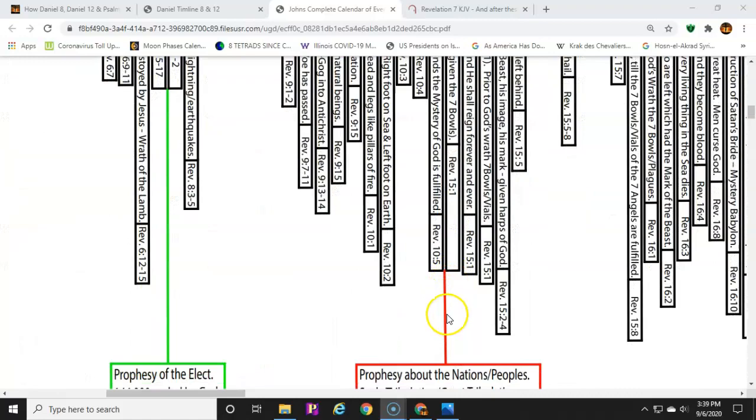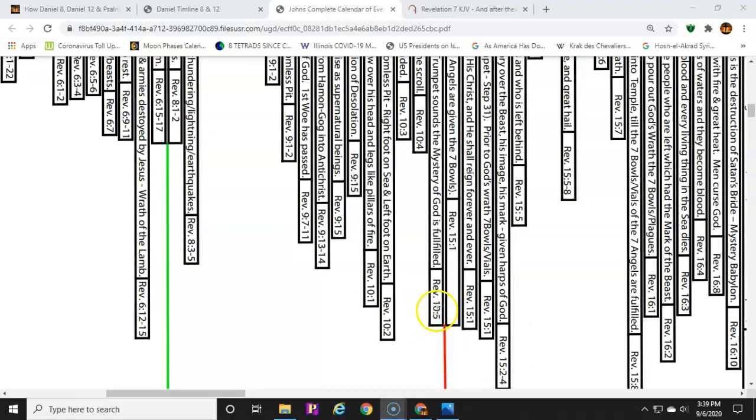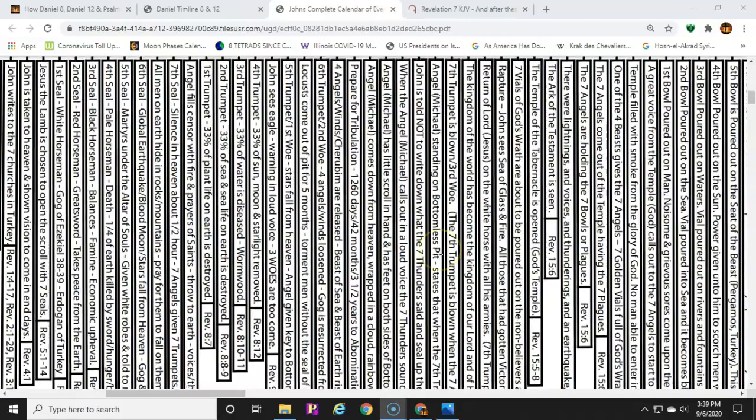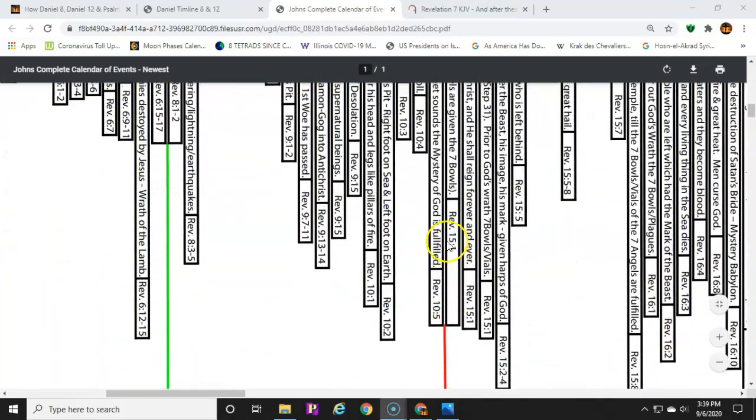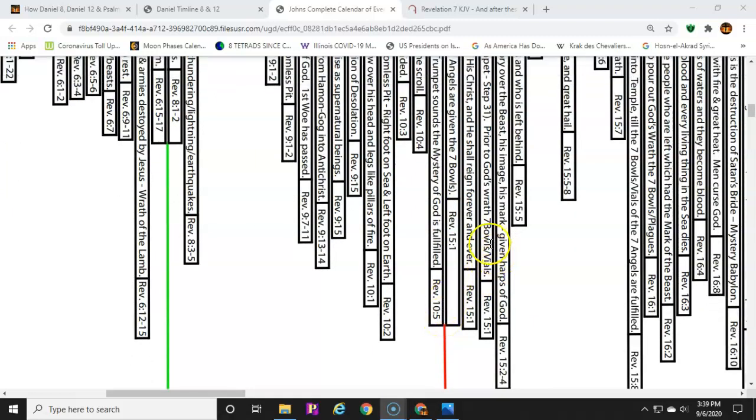So you see this transition from 10:5, where Michael is standing on the bottomless pit. He hands out that scroll, and then he doesn't blow that trumpet, but he does in 15:1.